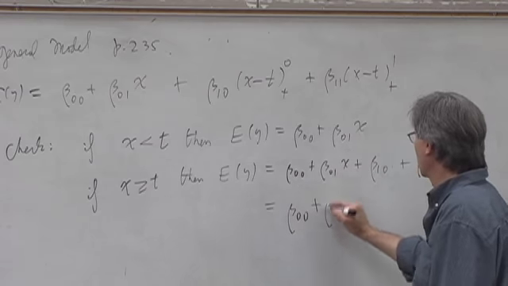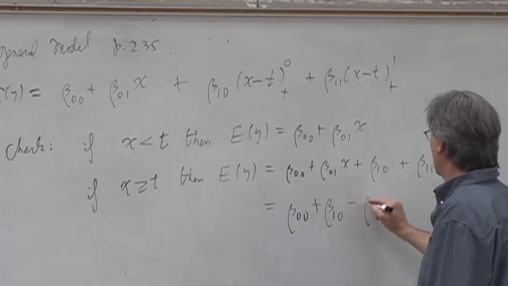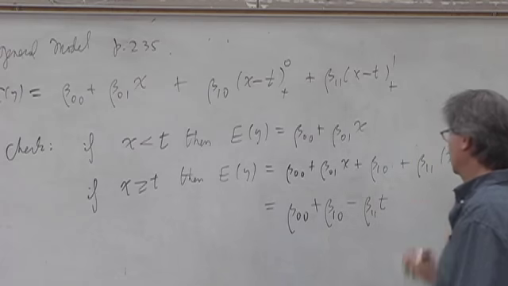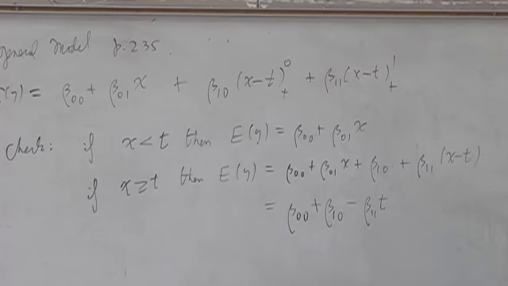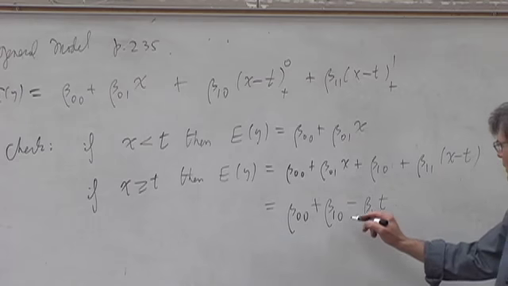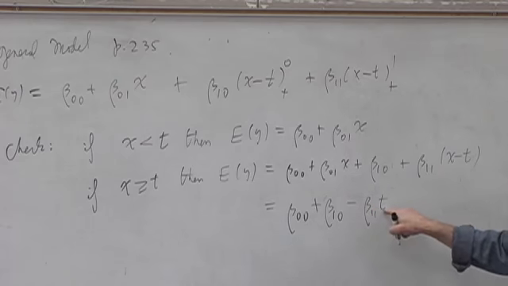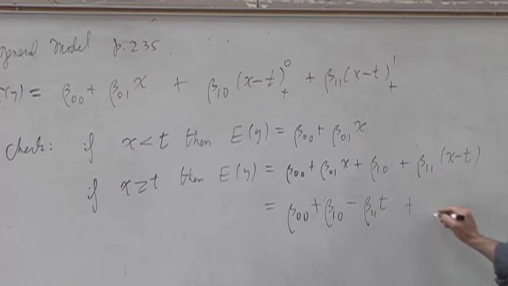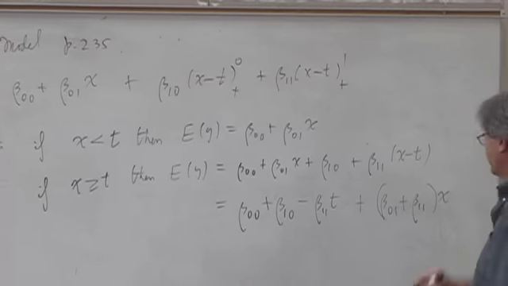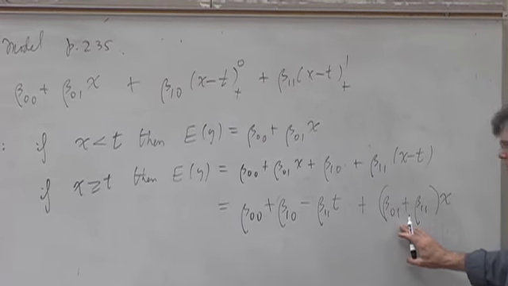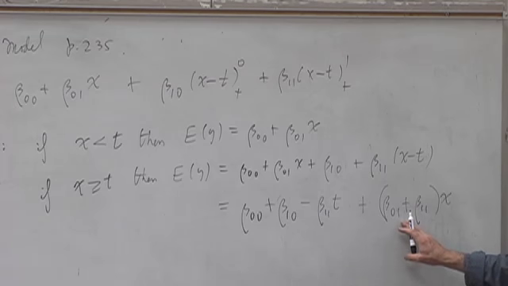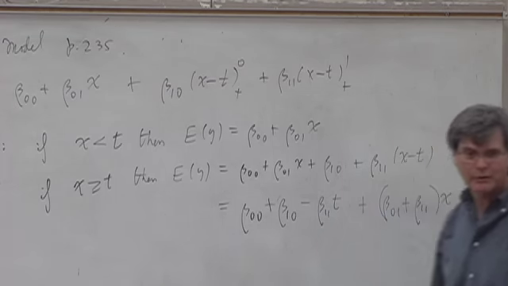There's a bunch of junk for the intercept, but in order to get a general intercept, well, I'll discuss that in a second. So this knot t is fixed. Plus beta 0,1 plus beta 1,1 x. Okay, so that's the slope of the new line, the slope of the second one, the gamma 1, so to speak.